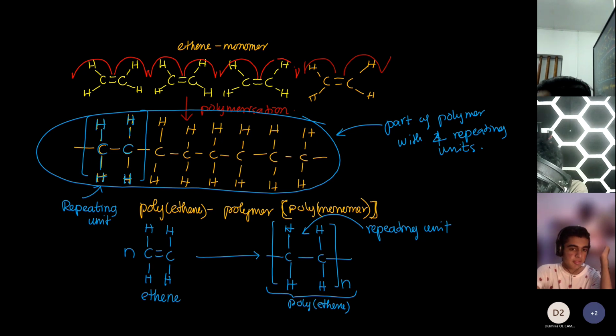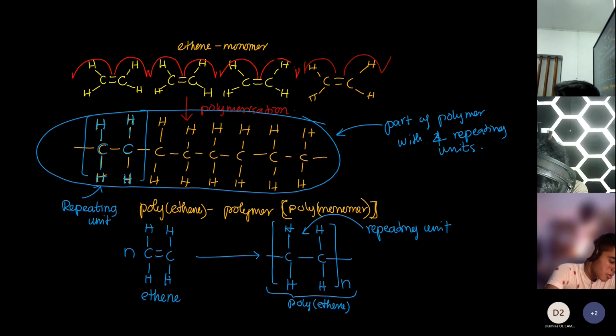When many unsaturated molecules combine to form only one large molecule, it is called addition polymerization.